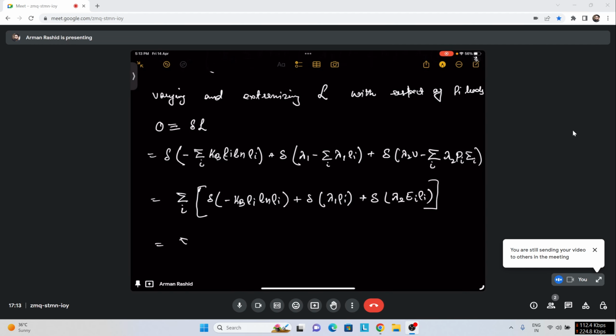Then we get ln of rho i times delta rho i, because only rho is varying; the rest is constant.